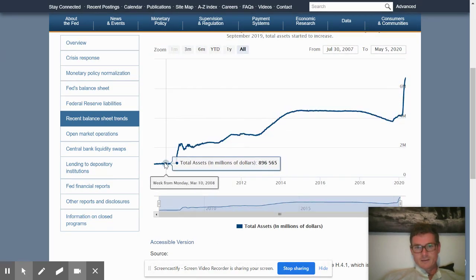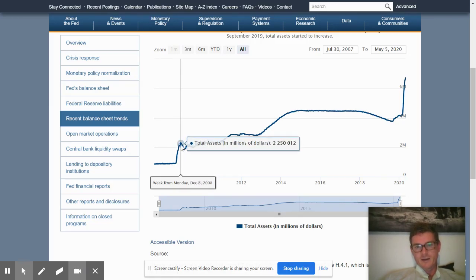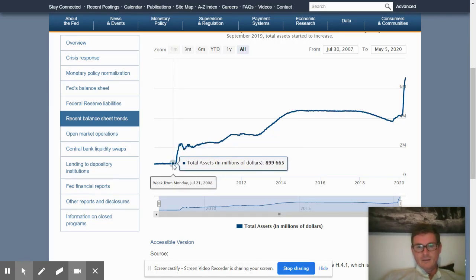Was less than a trillion. And then during the financial crisis, in September, for like 2 or 3 months, they went from less than a trillion to more than 2 trillion. So they more than doubled the balance sheet in a couple of months here during the financial crisis.